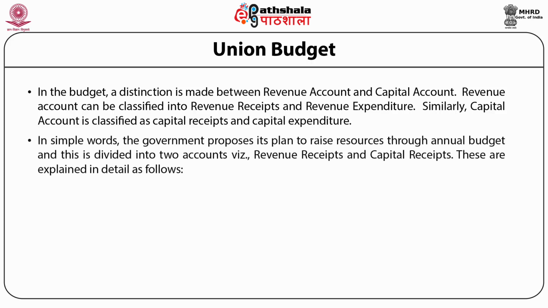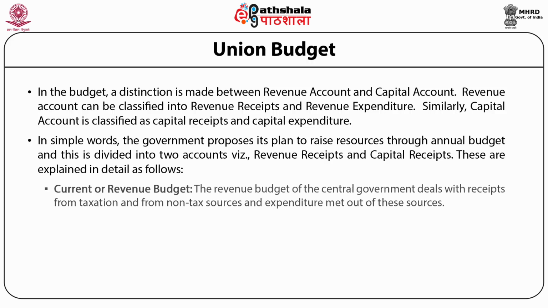In simple words, the government proposes its plan to raise resources through the annual budget, which is divided into two accounts, that is, revenue receipts and capital receipts. These can be explained in detail as follows. Current or revenue budget. The revenue budget of the central government deals with the receipts from taxation and from non-tax sources and expenditure met out of these sources.